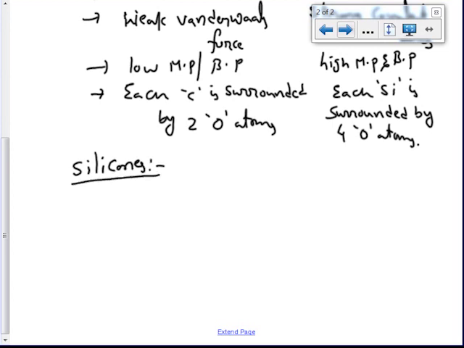Another important discussion about silicon is silicones. So what are silicones? Silicones are organometallic compounds, silicon polymers.